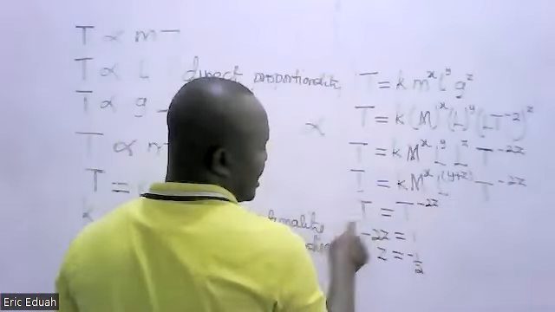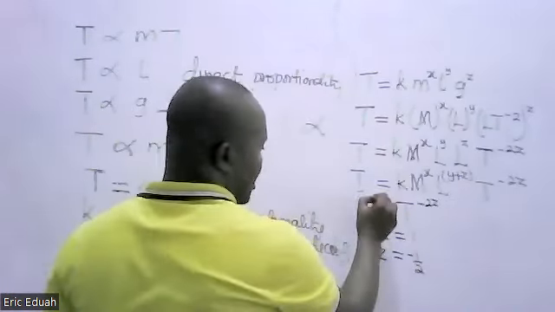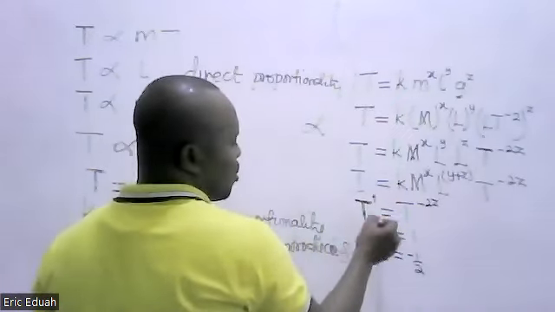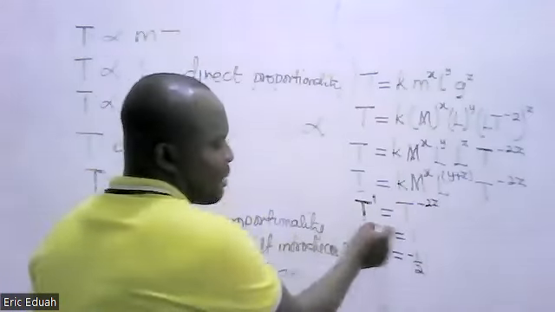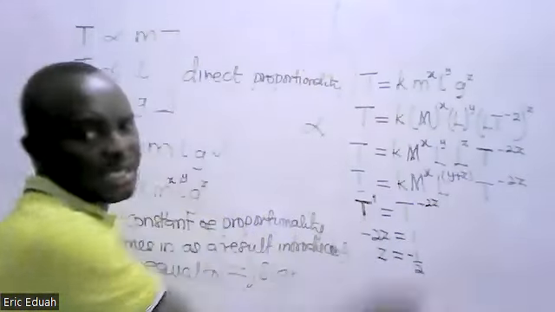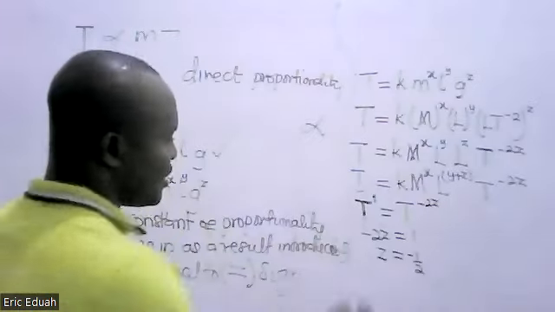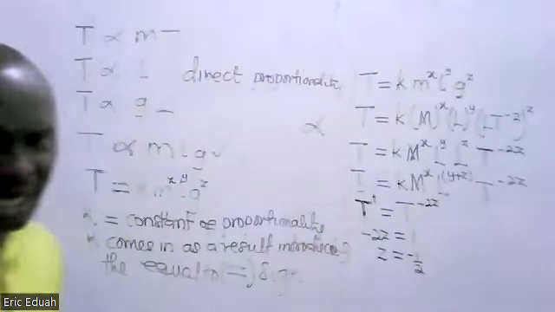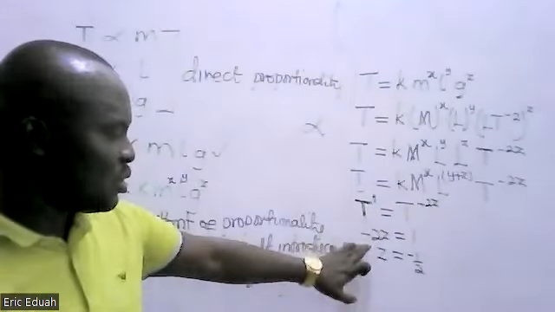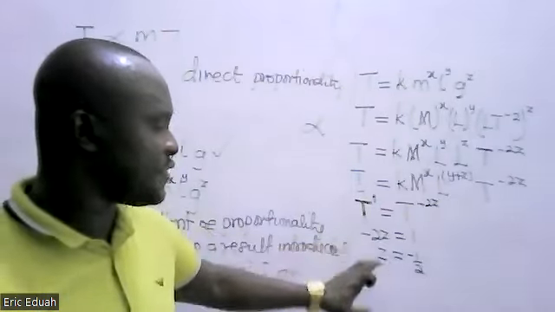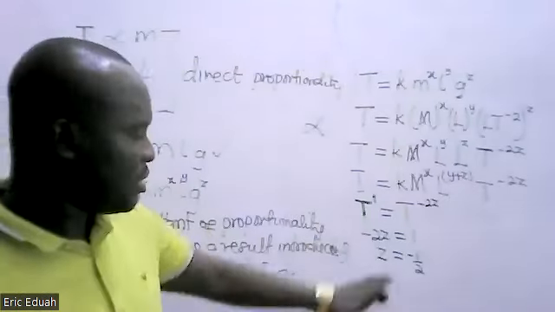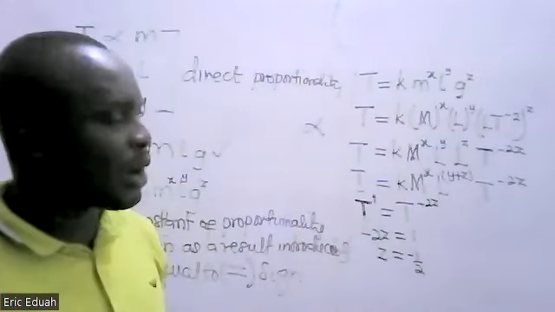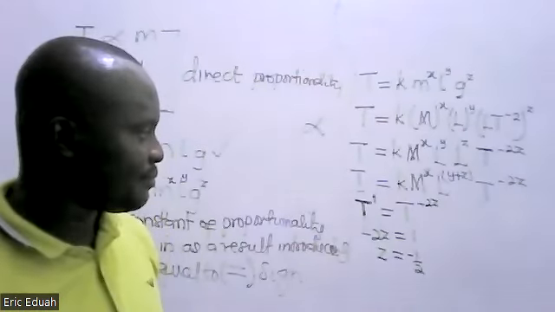This T carries the power of 1. So we equate the powers, same bases, so we are equating the exponents. So negative 2Z is equal to 1. Therefore, you find the value of Z by dividing by negative 2, and that gives Z equal to negative 1 over 2. Okay?